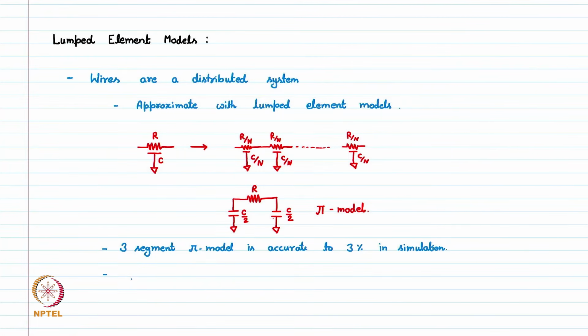Now let's see the crosstalk noise which can happen in these wires. So let's say we have two wires which are running close to each other on a substrate.